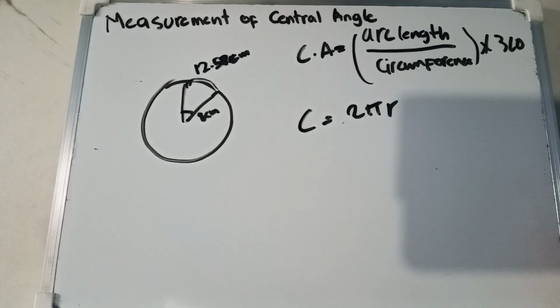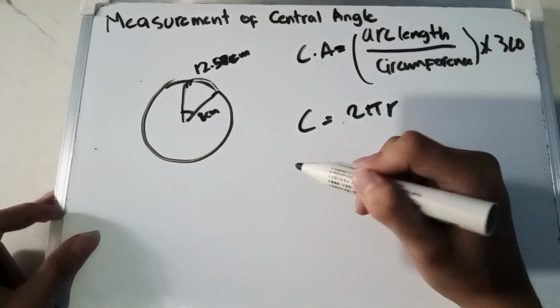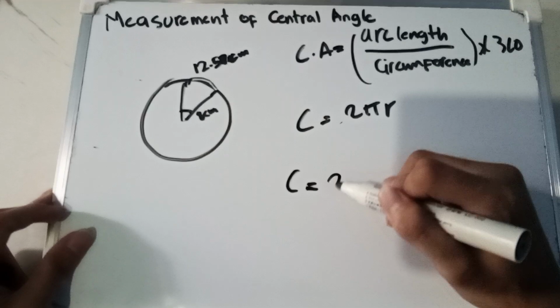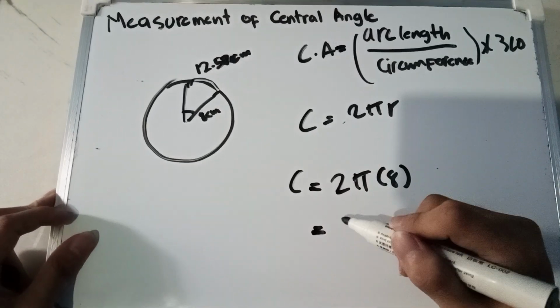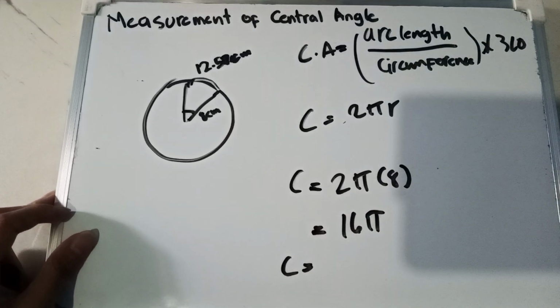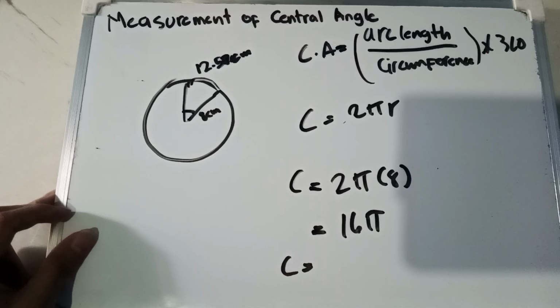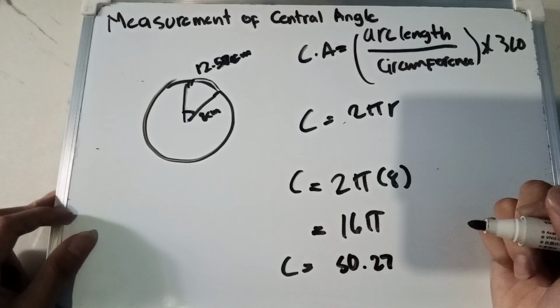Now, let's solve first for circumference. Circumference is 2 pi r, and our radius in this case is 8. So, 2 pi times 8 centimeters, that is 16 pi, and circumference is equal to 50.27.